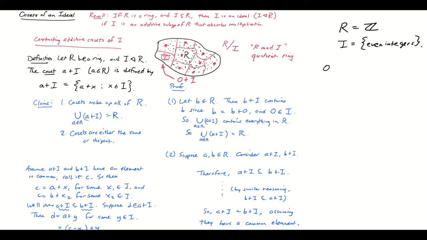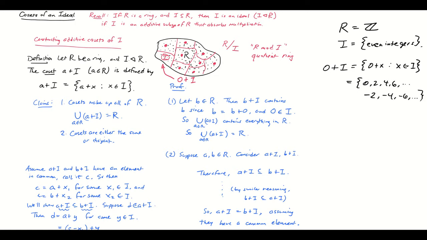So for example, we can have 0 plus I, so that's the set of all integers of the form 0 plus x, where x belongs to the ideal. And well, x can be any even integer, so that's going to be 0, 2, 4, 6, and so on. And also includes negative even integers, like negative 2, negative 4, negative 6.